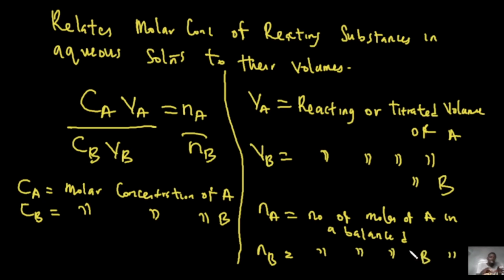Okay, now why I'm explaining these things is they could be confusing terms. When you're asked to find the number of moles in a solution, you're not expected to use this. You get? So this is not the number of moles in a solution. This is simply the number of moles in a balanced equation. Okay, so that is that generally about this.